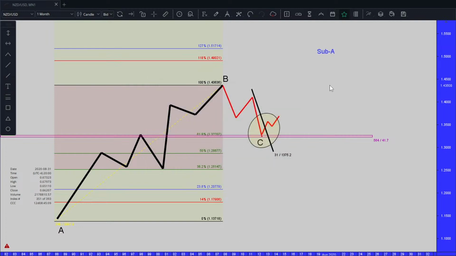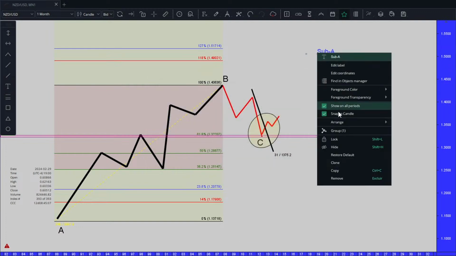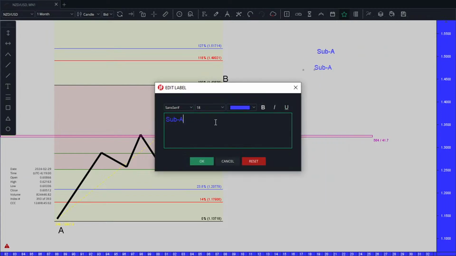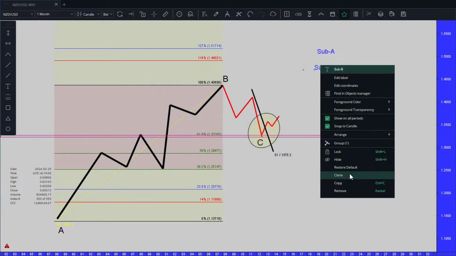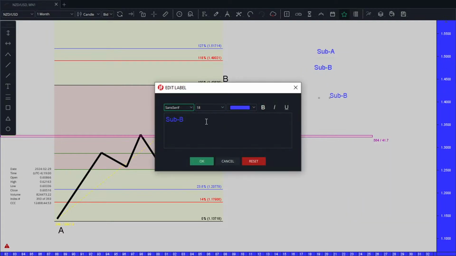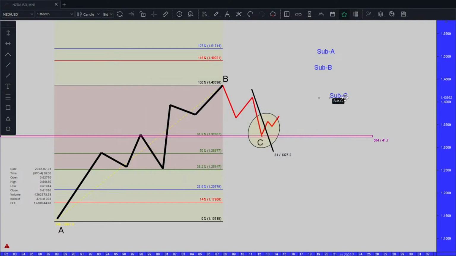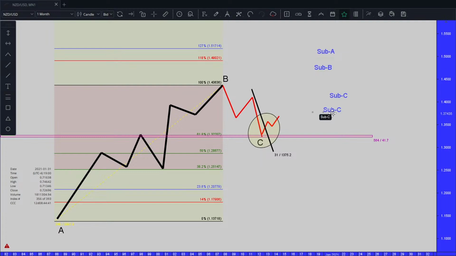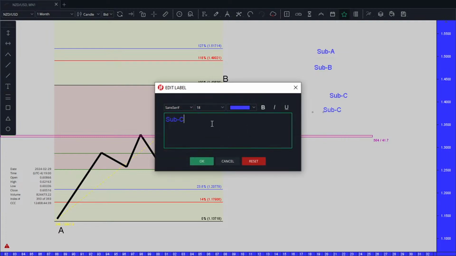So I'm going to have my sub A, and then I'm going to clone, and I'm going to edit, and this is going to be the sub B, and I'm going to clone, and then I'm going to edit the label. I'm going to have my sub C. All right, just to differentiate the original Fibonacci from the contrarian Fibonacci. All right, yeah, there is no right or wrong. You can say 1, 2, 3, 4.